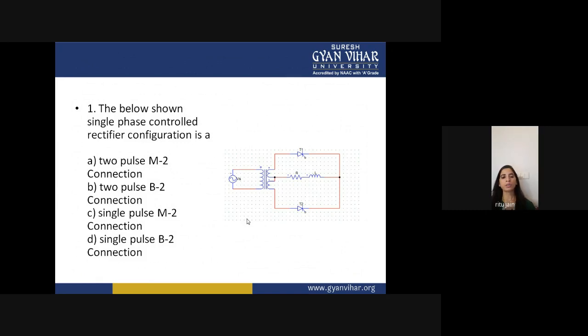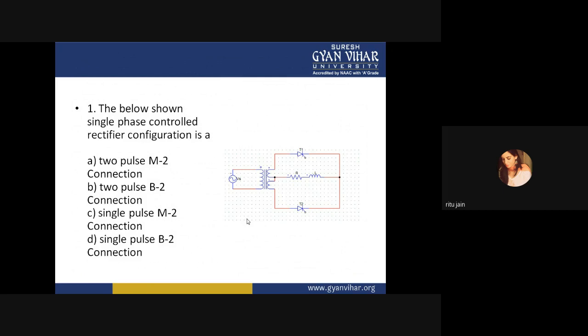So in a full converter, the positive waveform and the negative waveform were both converted into DC current. Okay. So basically, a converter or rectifier is an AC to DC converter. In a controlled converter, you are using SCRs, and if it is a half converter, then you are using two SCRs or two diodes.